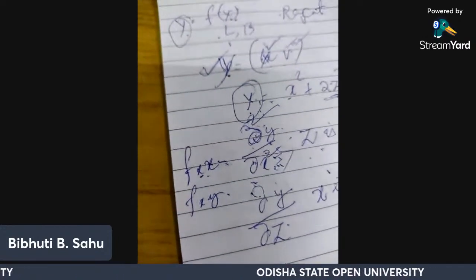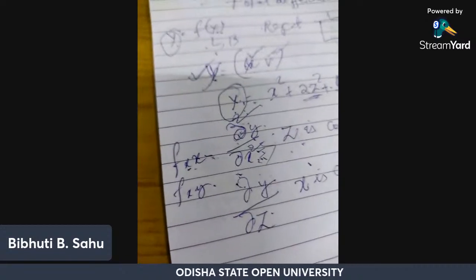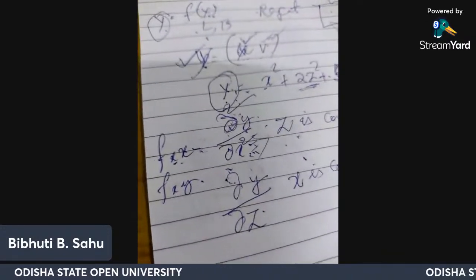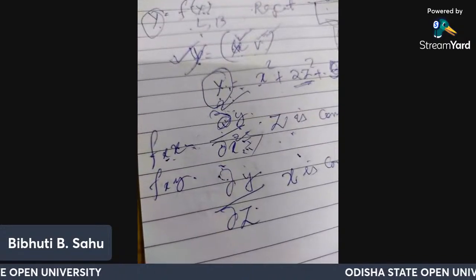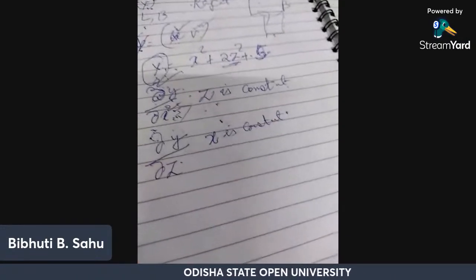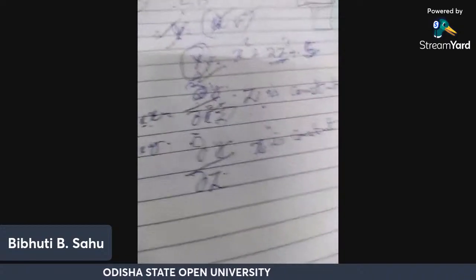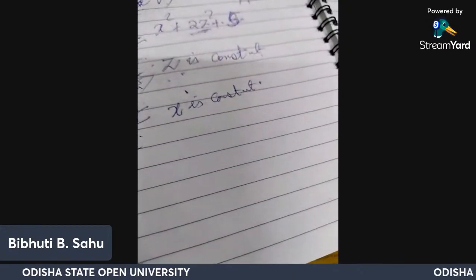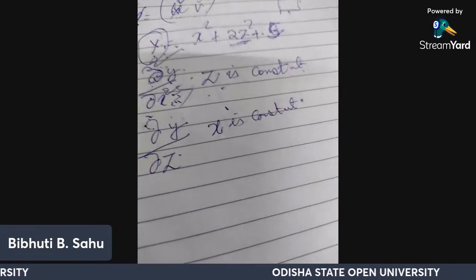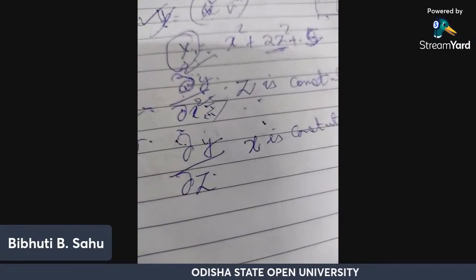When we take the derivative of a constant, that is 0. Likewise, it is applicable in this case. So in partial derivatives, we only take the variable which is changeable and the others remain constant.